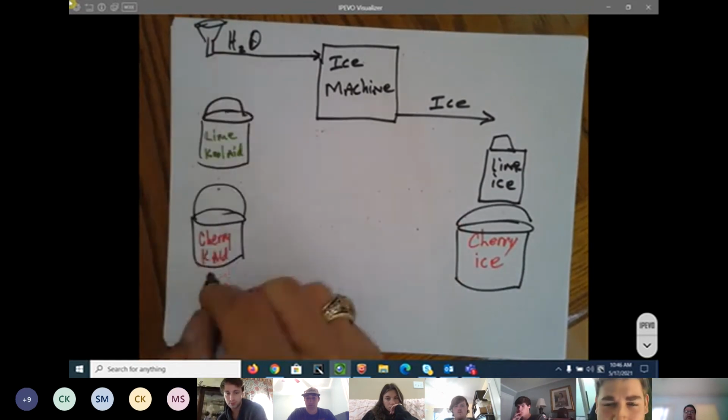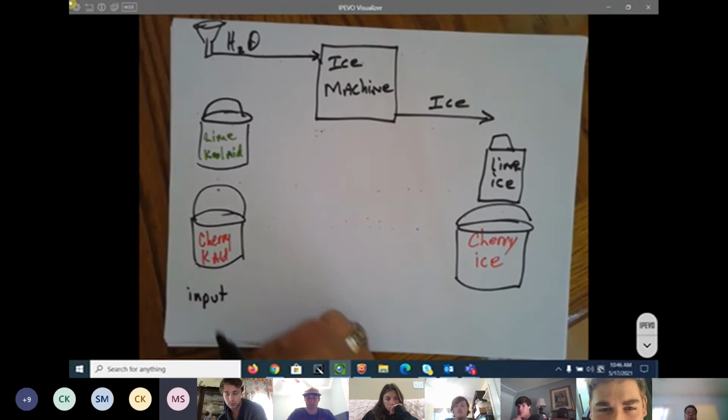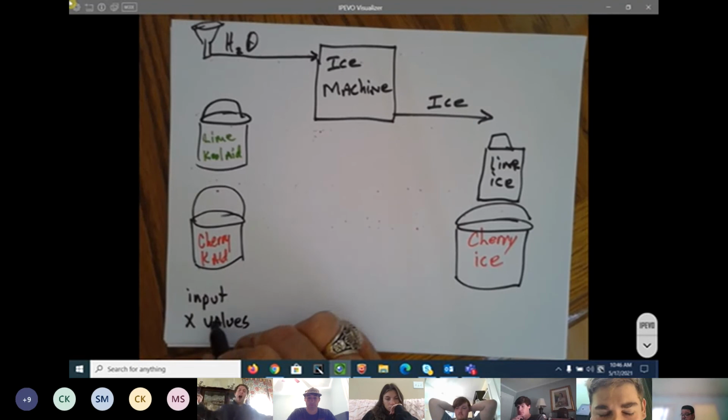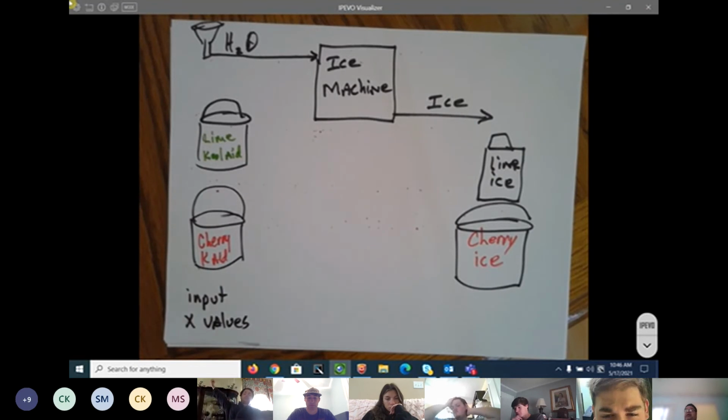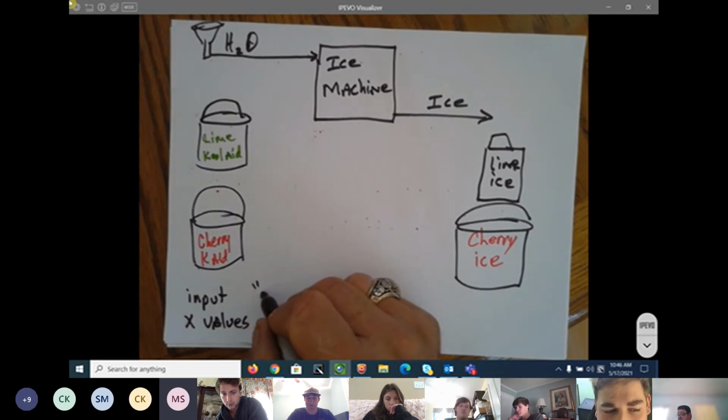Well, this side right here is what we call input. It's also called the x values. So what's the sophisticated name for x values? Anybody know? Starts with a D. The domain.